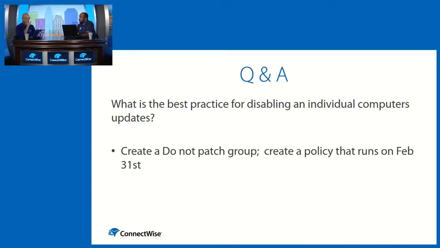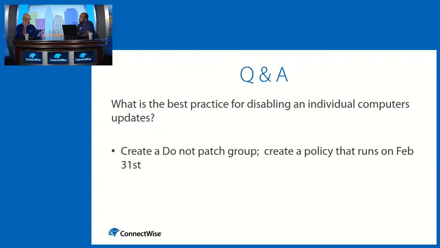So the way that we used to do it was to have a do not patch policy, which does exist in Automate. And this uses the UI disabled feature that turns off the user interface for patching on the endpoint. Makes it impossible for the machine to patch itself. Now, this is great, except for certain versions of Windows 10 and Server 2016.